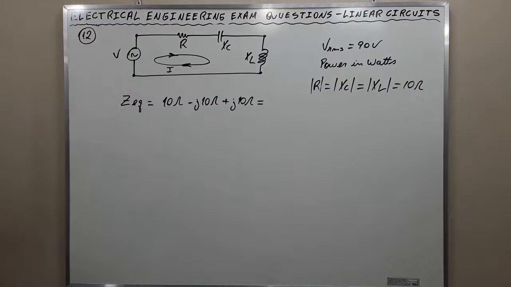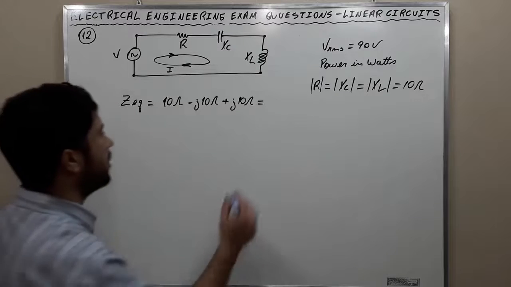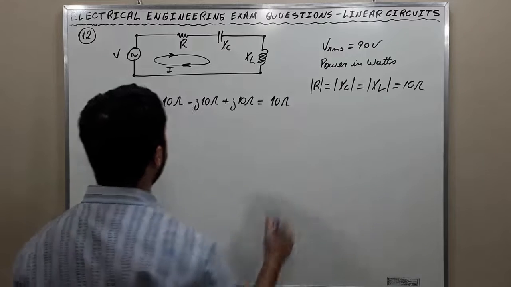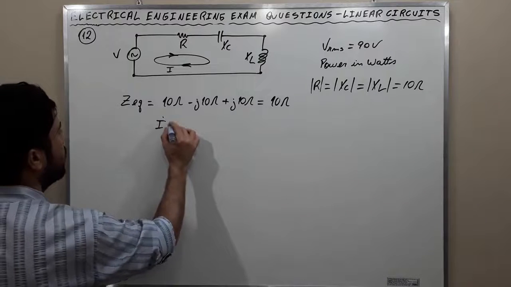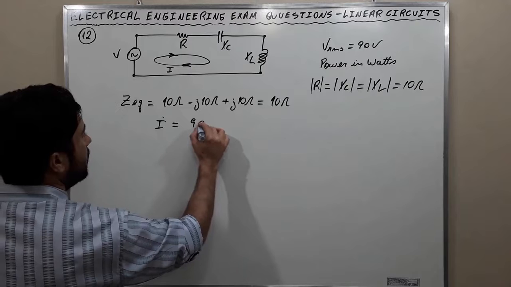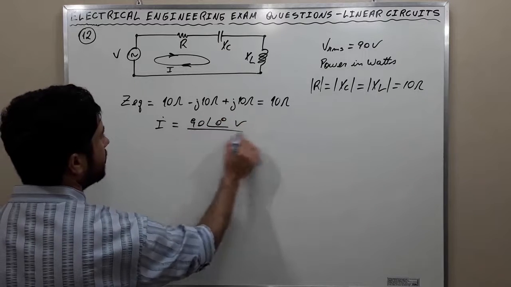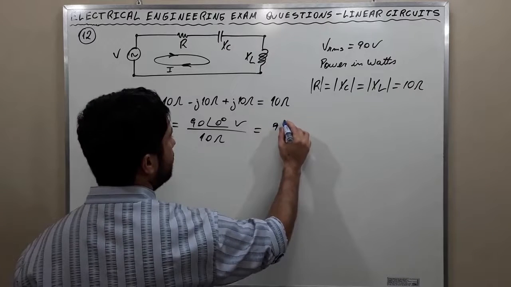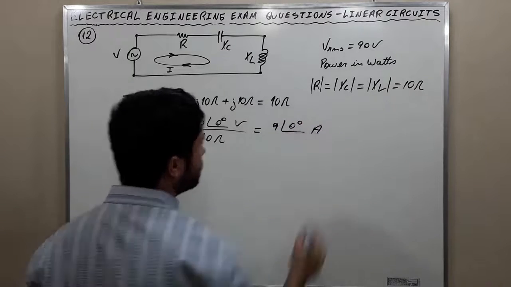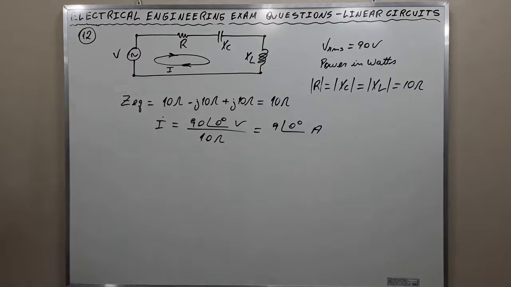Okay? Observe that when put in this way, the inductor and the capacitor cancel each other out. Then the equivalent impedance is 10 ohms. With this result, we can calculate the current phasor, which is going to be 90 phase 0 degrees volts divided by 10 ohms, which is equal to 9 phase 0 degrees amps, or 9 phase 0 degrees amperes.